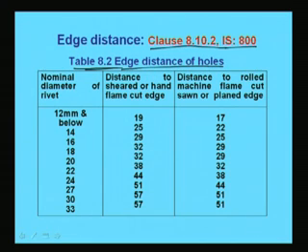Here we see the nominal diameter of the rivet given as 12 mm and below, then 14 mm, 16 mm, like this, and the distance to sheared or hand flame cut edge. These distances are all in millimeters. So this will be 19, this will be 25, like this it has been given, and the distance to rolled, machine flame cut, or planed edge is also given.